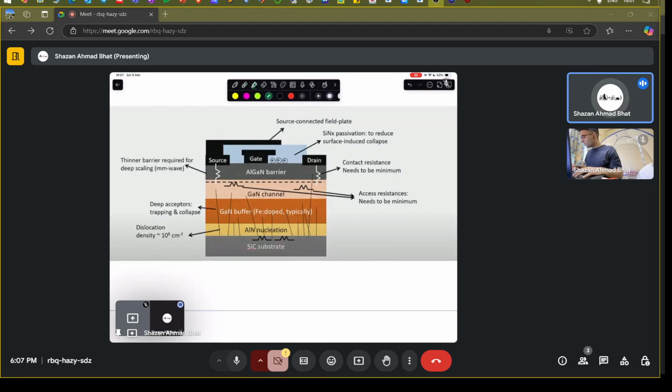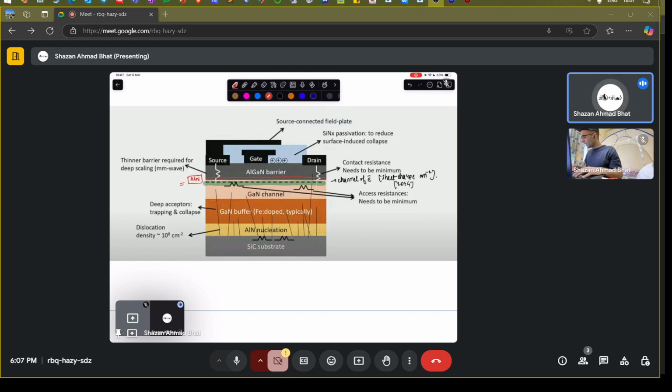When I talk about the two-dimensional electron gas, I'm talking about this layer, which is a channel of electrons, I should say a sheet charge per centimeter square. We have talked about how this two-dimensional electron gas forms, and there is another layer which is not shown here, one more layer, which is aluminum nitride.